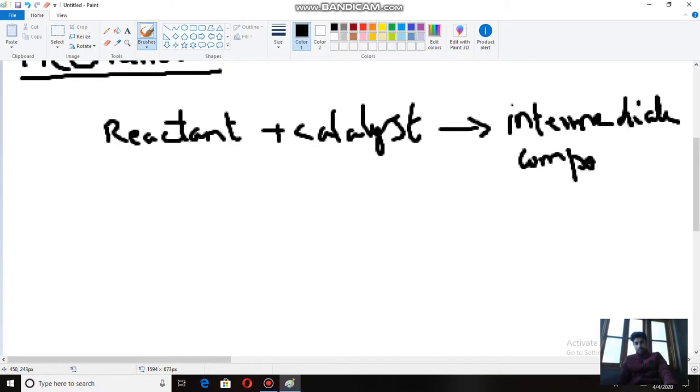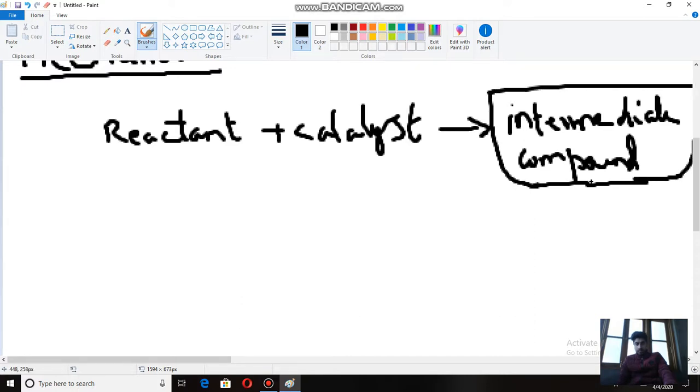Basically less amount of energy is needed to form this intermediate compound, and this is very unstable.